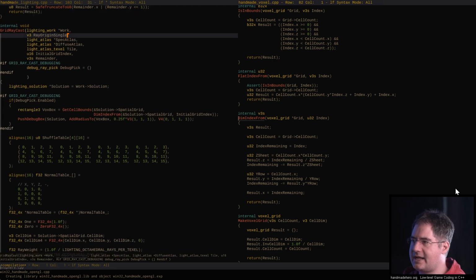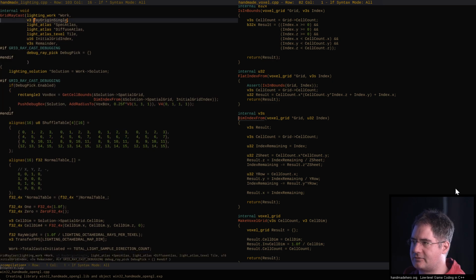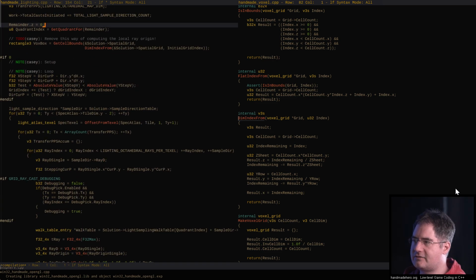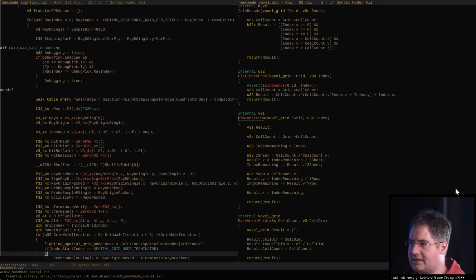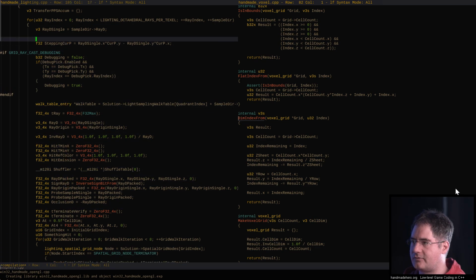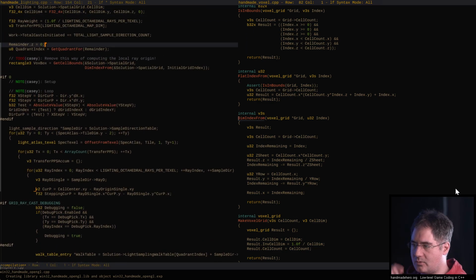So this ray origin single is the value we actually need for that, right? But we additionally need the cur p, right? So the ray origin single's xy is going to get subtracted away from the cell center xy, and it's that cell center that we don't know.